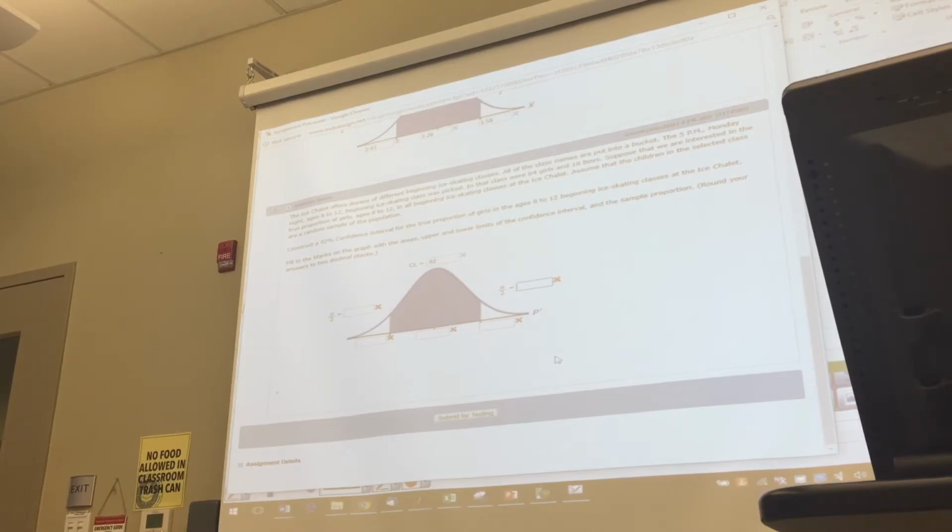It's 8% left over divided by 2, so it would be 0.08 divided by 2, which is 0.04. And this one would be point.